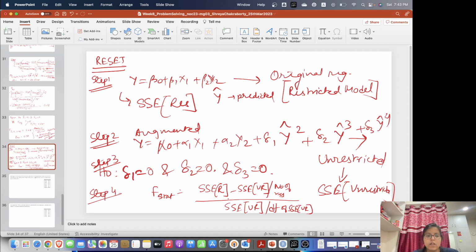Once we have this, we are going to check if F observed is greater than F critical. That will have these as numerator df and this as denominator df. If this is true, then we are going to reject.